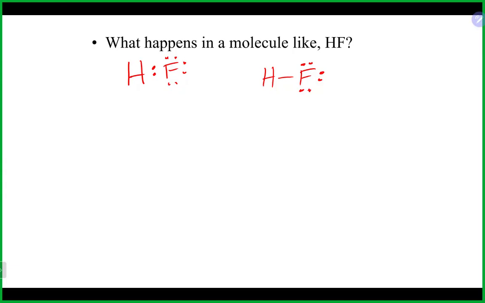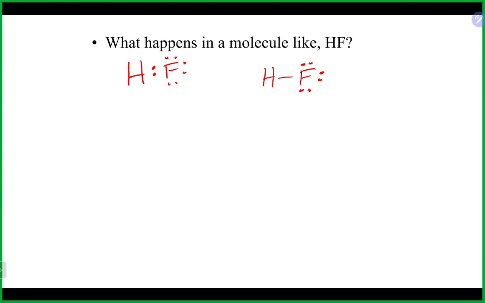Hydrogen or fluorine? Electrons should head towards fluorine because it is the most electronegative element, and electronegativity is the ability to bring electrons towards yourself. So because it's more electronegative, it's going to have a greater pull of those electrons towards itself.